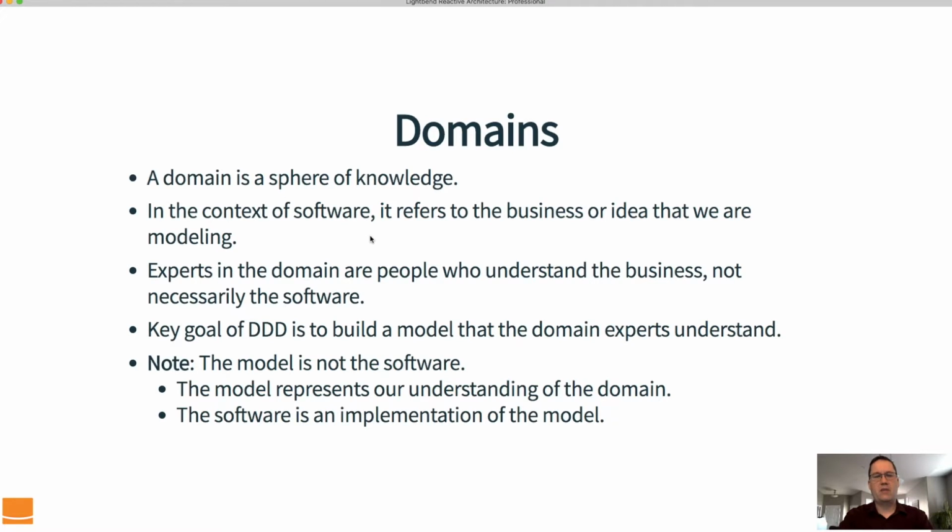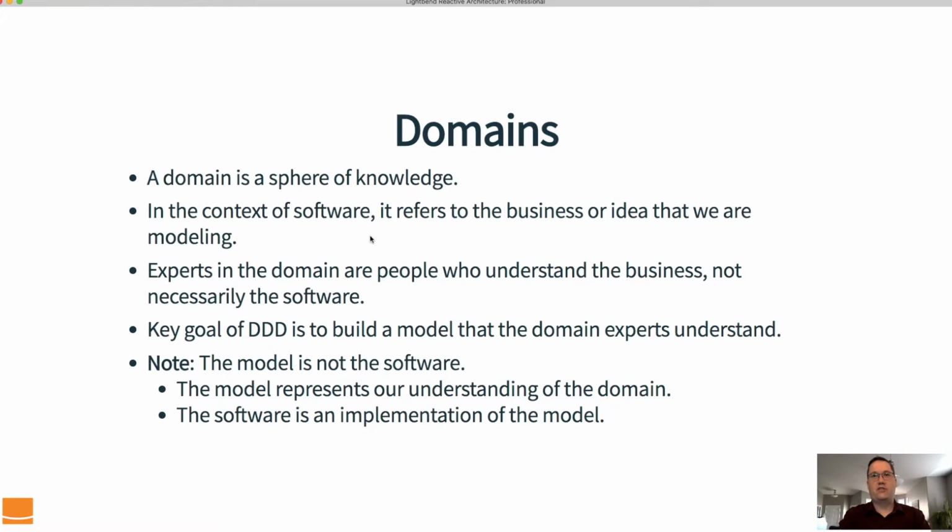So these are all people with expertise in the domain, not necessarily the software. In our restaurant example, it's going to be people like your servers and your restaurant managers, your cooks, your chefs, your dishwashers. All of those people are potential domain experts.